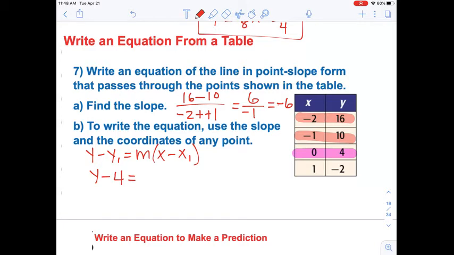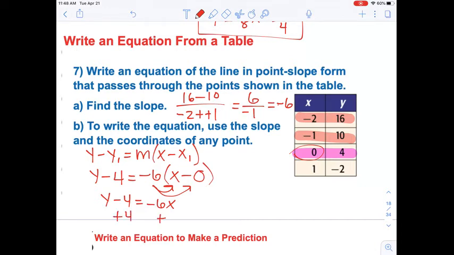So I have y minus y1 is 4 equals, m is my slope, so -6 times x minus, and my x is 0. And then I'm going to solve. I got to distribute. So I have y minus 4 equals -6x, and then -6 times 0 is just going to give me 0.